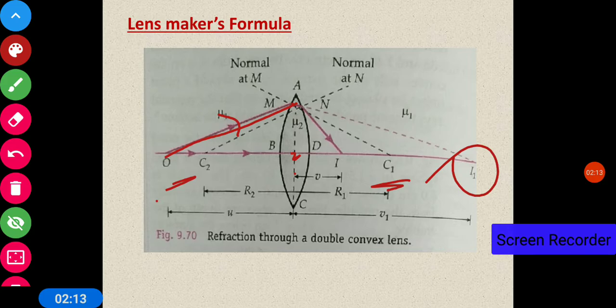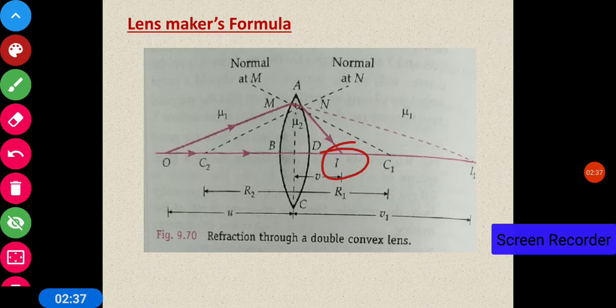This image I1 will work as an object for the second surface, and now the image is in the refractive index mu2, which is a denser medium, and C2 is the center of curvature for the second surface. So after refraction, the ray of light will bend away from the normal and the final image forms at point I. So let us listen again: O is the point object.